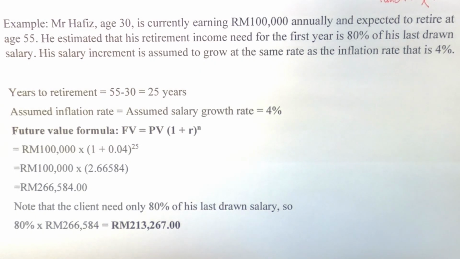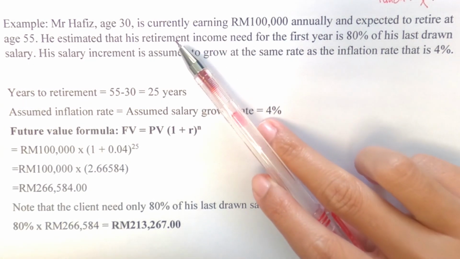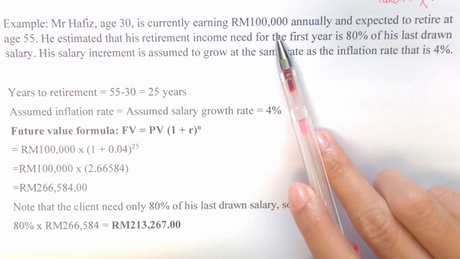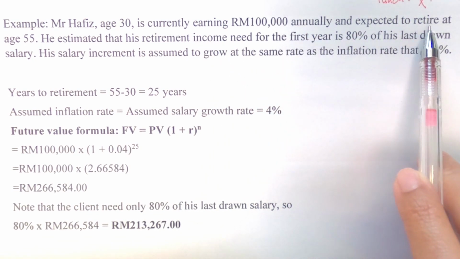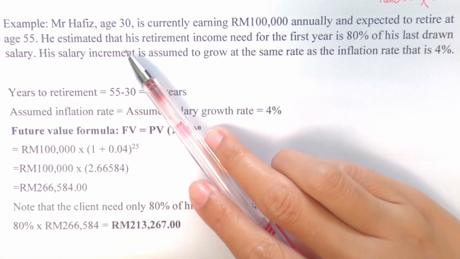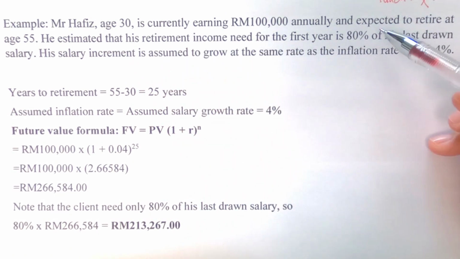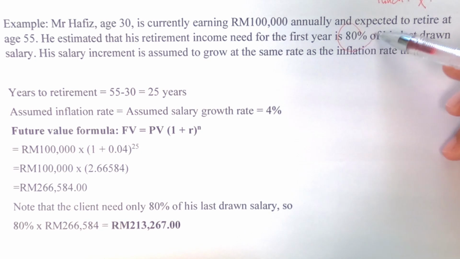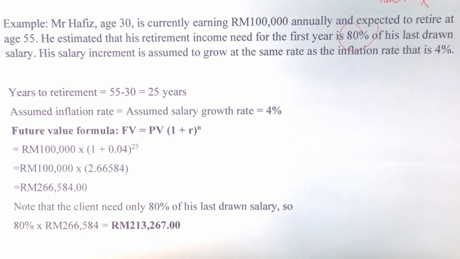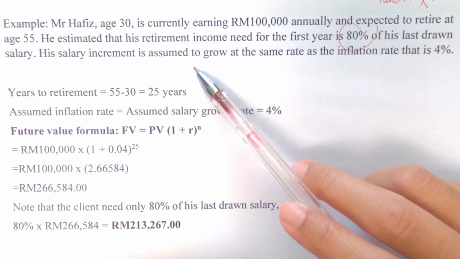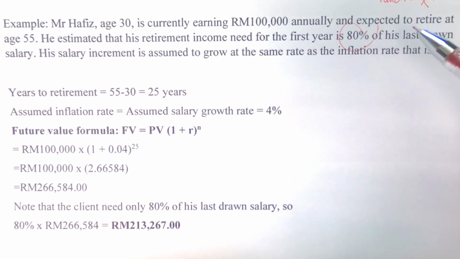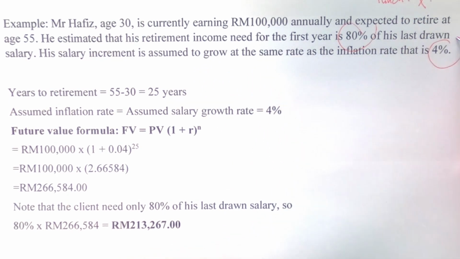For example, Mr. Hafiz, at the age of 30, is currently earning 100,000 annually and is expected to retire at the age of 55. He estimated that his retirement income need for the first year is 80% of his last drawn salary. His salary increment is assumed to grow at the same rate as the inflation rate, that is 4%.